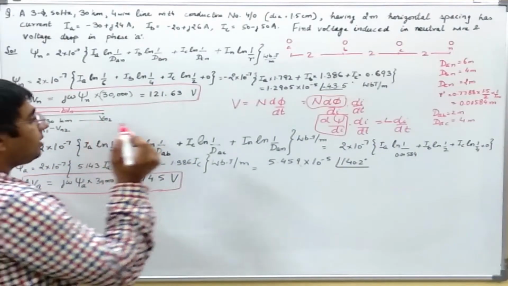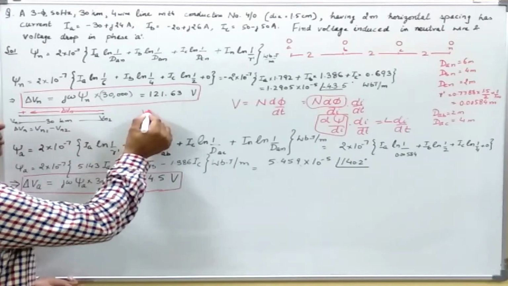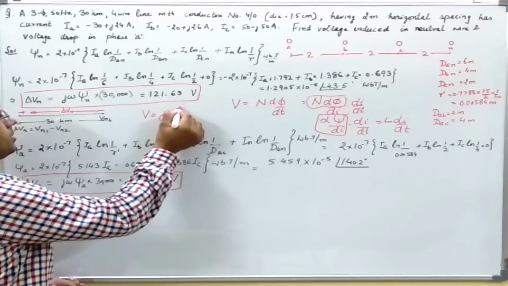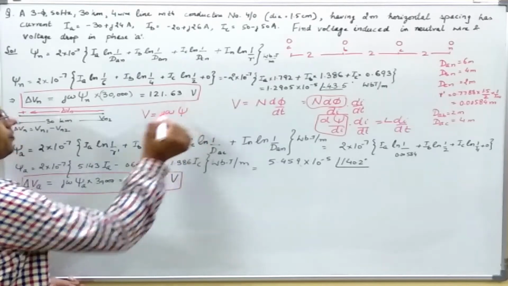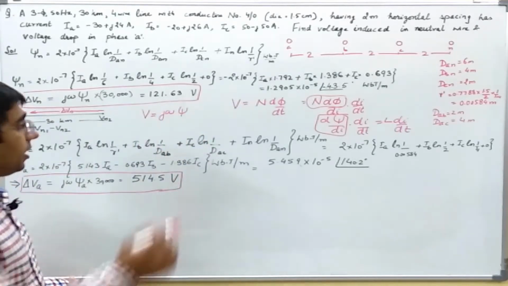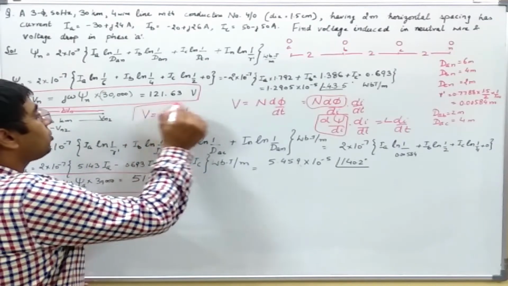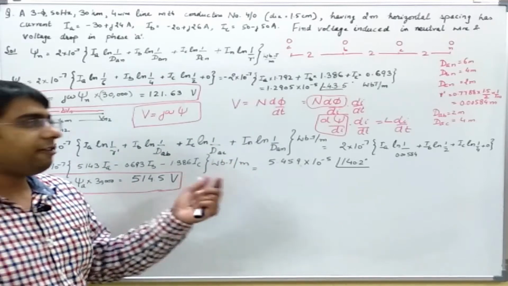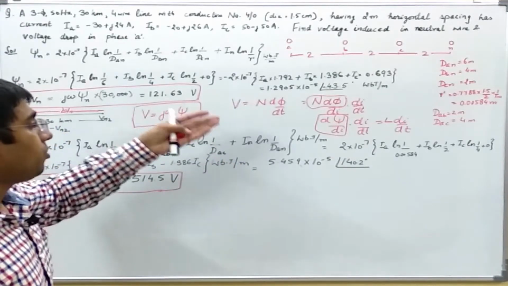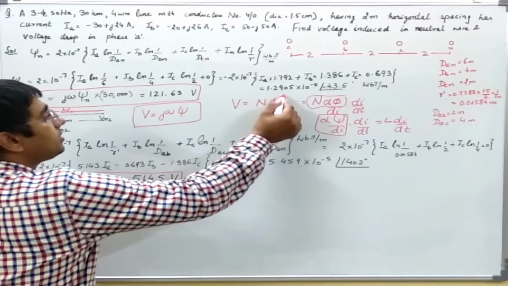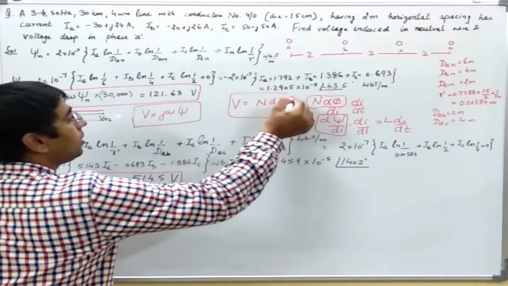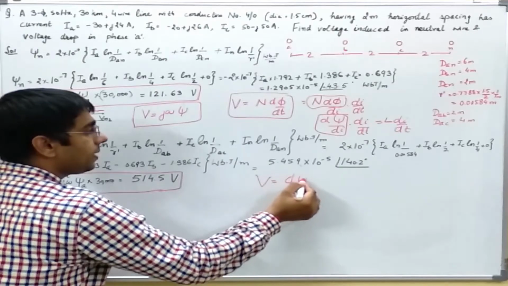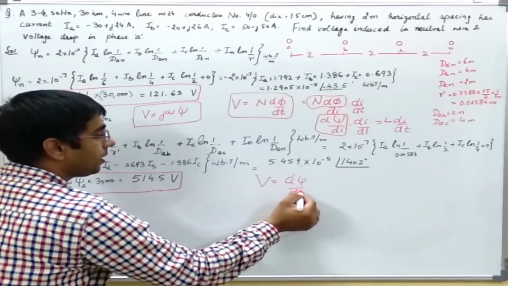Further, we will see that V can also be written as V is equal to j omega psi. Why? It is in phasor form. First of all, we should note that it is in complex form, not in time domain form. If we had to write it in time domain, we would have written V is equal to d psi by dt.